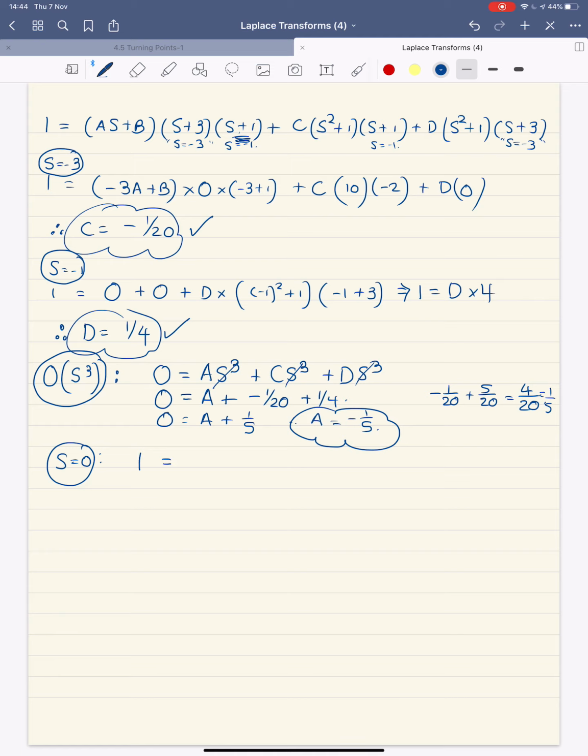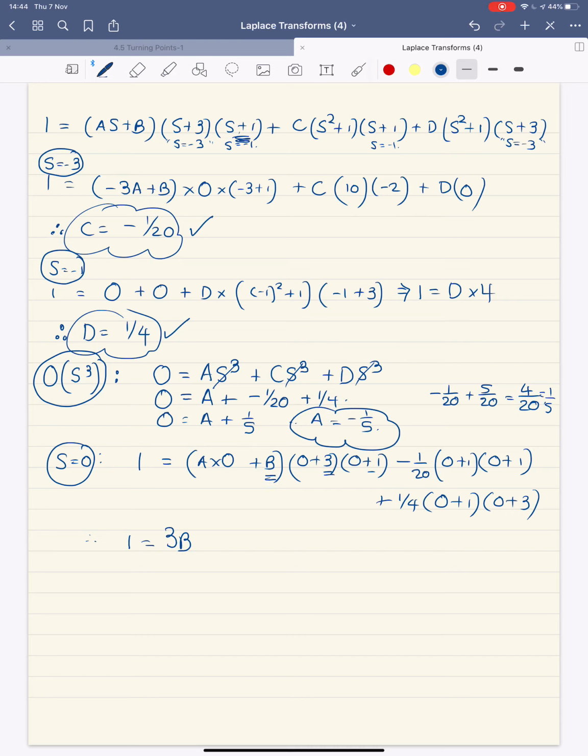On the left we get 1, which is A times nothing plus B times 3, plus C, which is minus 1/20 times 1 times 1, plus D, which is 1/4 times 1 times 3. Simplifying, 1 is 3b, then minus 1/20, and then plus 3/4.